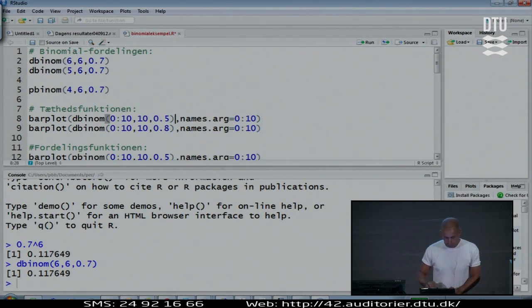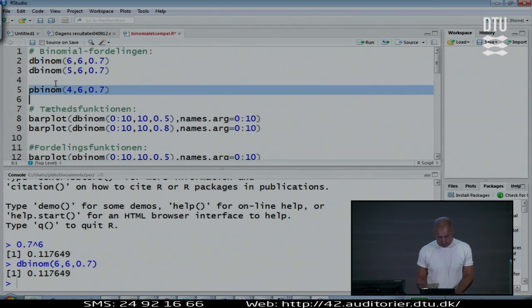Luckily, there is also a p-binom, which is the probability.